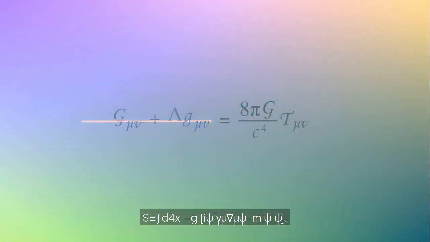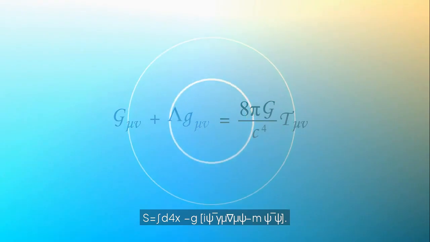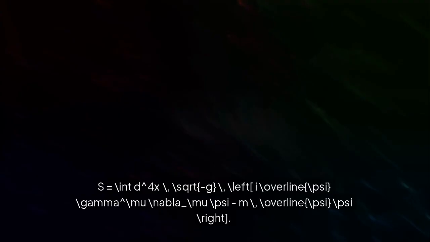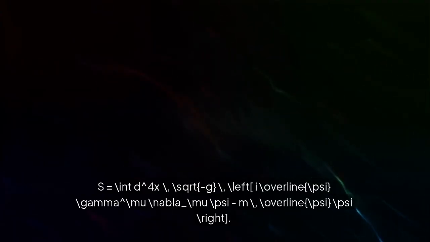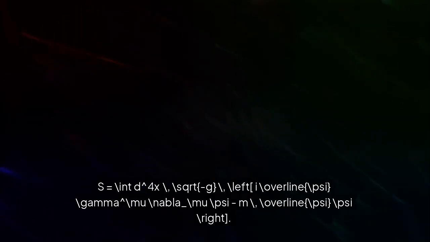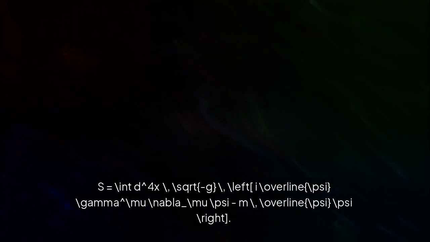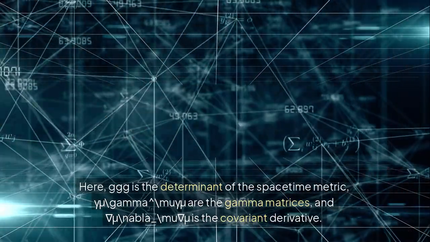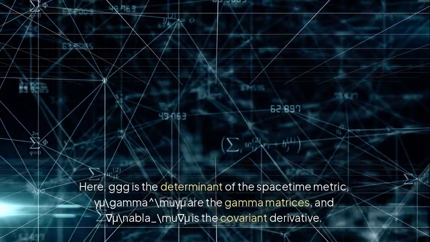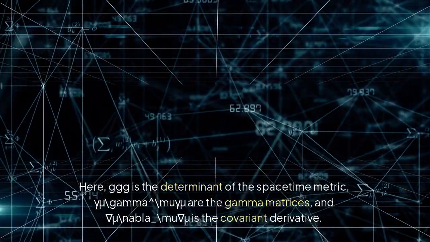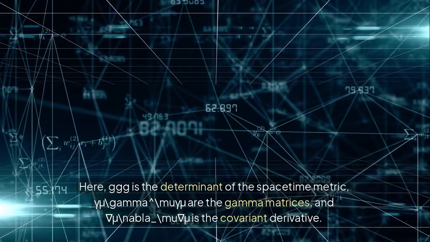S = ∫ d⁴x √(-g) [ i ψ̄ γ^μ ∇_μ ψ − m ψ̄ ψ ]. Here, g is the determinant of the spacetime metric. γ^μ are the gamma matrices, and ∇_μ is the covariant derivative.